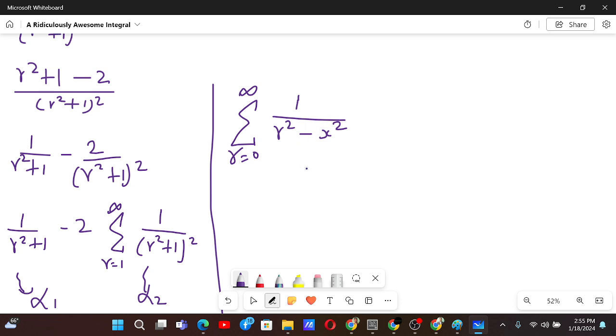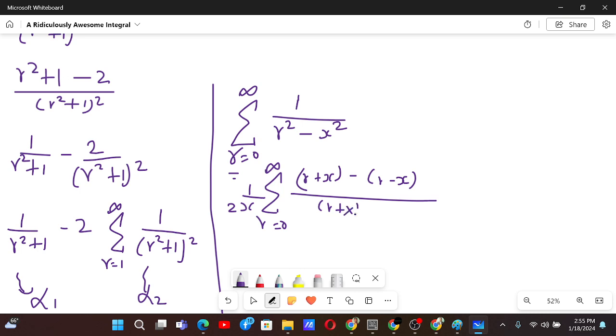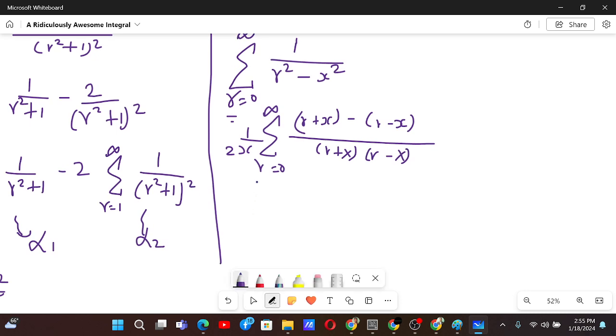Now for this sum, we can break this into partial fractions. So we can introduce r plus x, r minus x, and 1 by 2x over here. In the denominator we have (r plus x)(r minus x). And then we have 1 by 2x times the sum from r equals 0 to infinity of 1 by (r minus x) minus 1 by (r plus x).